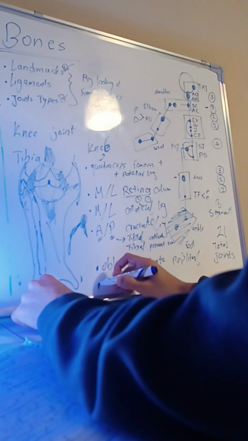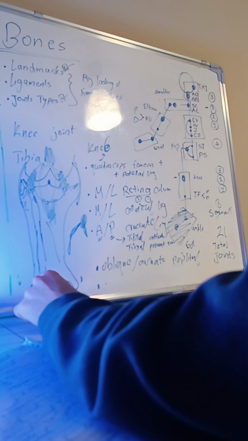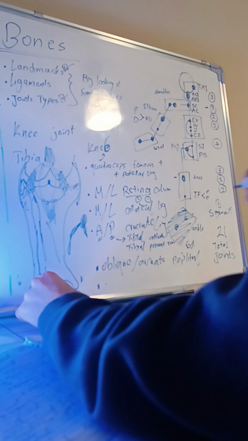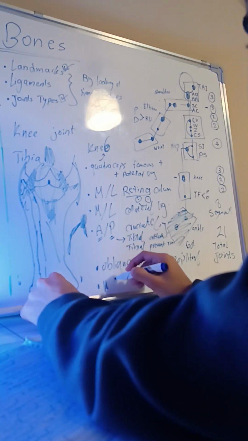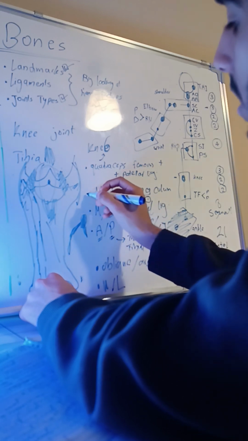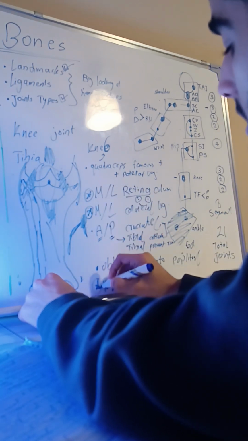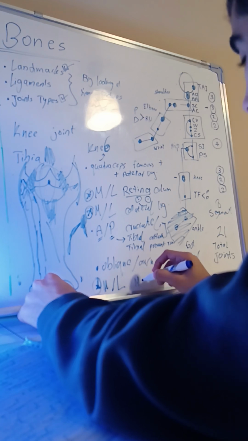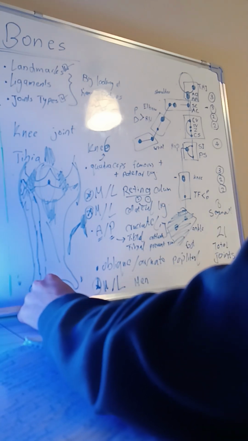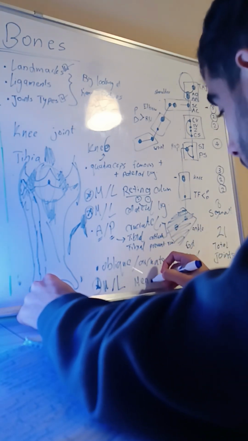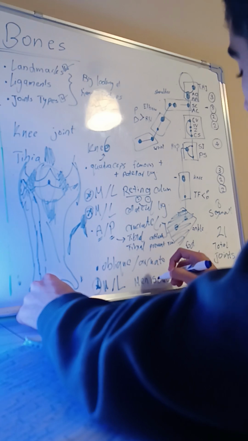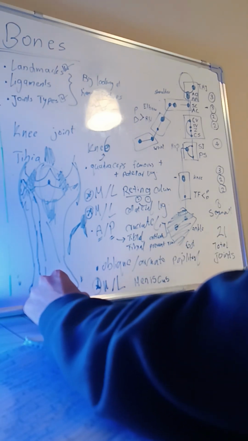The last set which can be found is the meniscus, the medial and lateral. So there are actually 3. Medial and lateral meniscus.